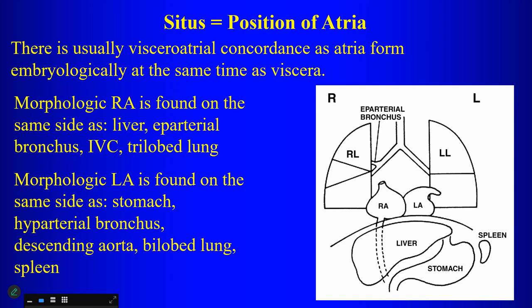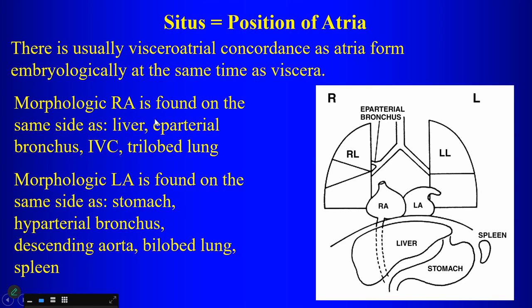So if we're talking about situs of the heart, we're talking about the atria. Now, what does this mean? This means that there's usually visceral atrial concordance between the atria and the other organs within the body. So the right atrium will differentiate at the same time as the IVC, and the left atrium as is happening with what's going on with the blood vessels within the lungs.